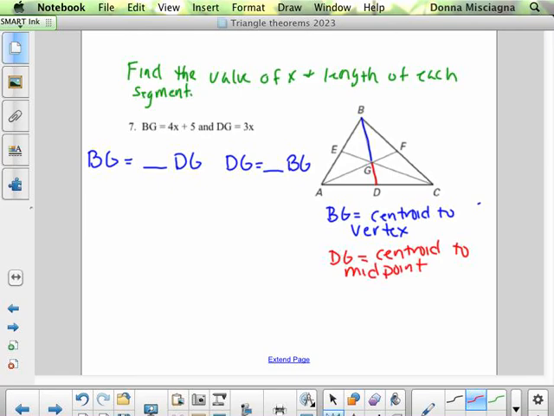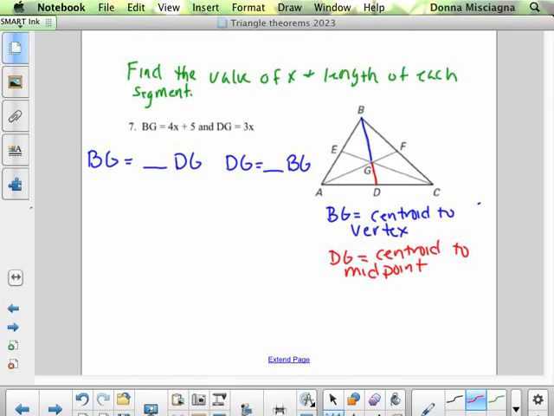All right, so remember the median is divided into thirds. From the centroid to the midpoint is 1/3, and from the centroid to the vertex is 2/3. So 2/3 is twice as much as 1/3.